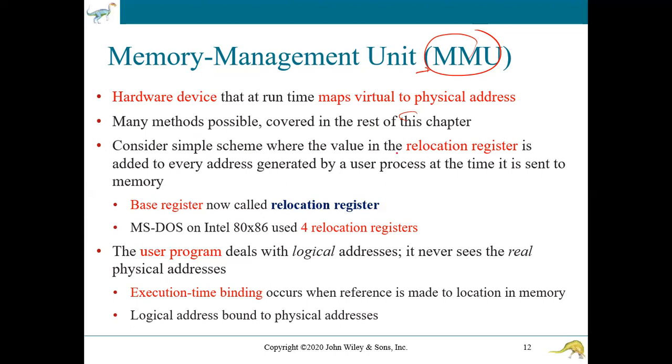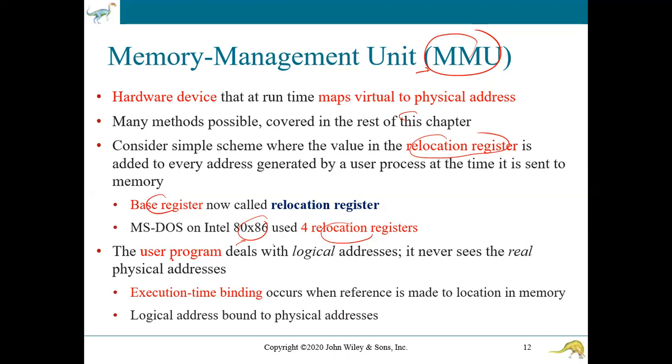Okay, simple scheme: relocation register, base register. There are 4 relocation registers in 8086. 80X means 186, 286, 386, 486. These are the original Intel chips before Pentium 4. And Pentium 4 is the first modernization.